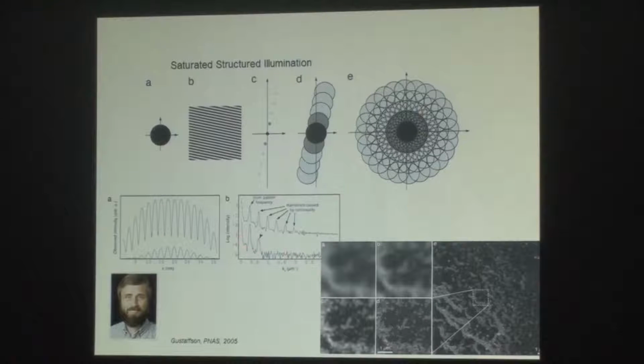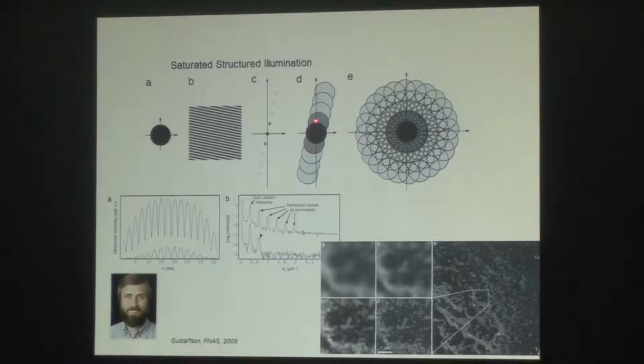This is a conventional SIM, what we have right now in the picture, compared to a conventional microscope. That's double the resolution in a normal structured illumination linear SIM. But in saturated nonlinear SIM, you can even go beyond the 120 nanometer resolution using saturated structured illumination.